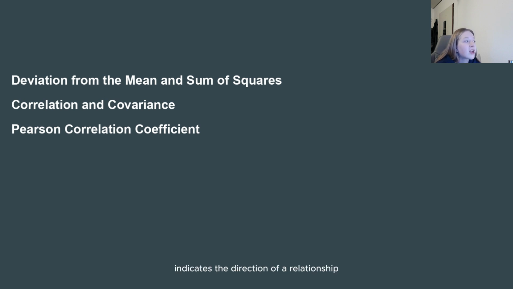It indicates the direction of a relationship. If both variables move in the same direction, covariance is positive. Pearson's correlation coefficient is a standardized measure that ranges from -1 to +1. It tells us how strongly two variables are related, and we will see that a bit later too.